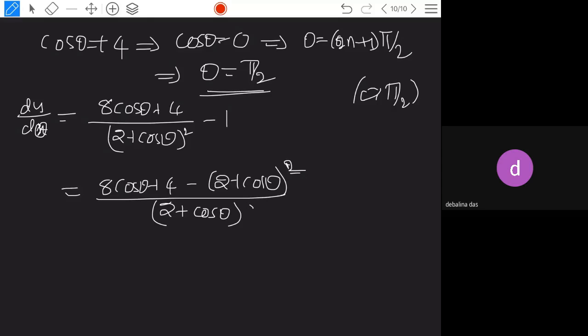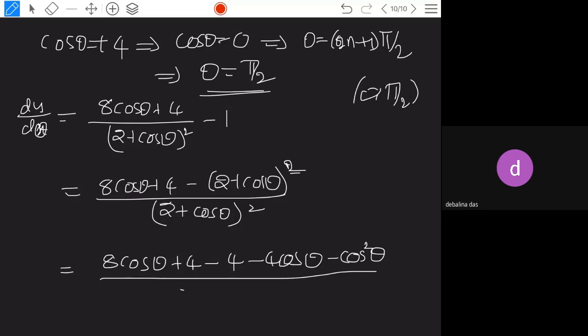So we get 8 cos theta plus 4 minus 4 minus 4 cos theta minus cos square theta, divided by (2 plus cos theta) whole square. Now plus 4 minus 4 will get cancelled. You are going to get 4 cos theta minus cos square theta. I will write on the next page.